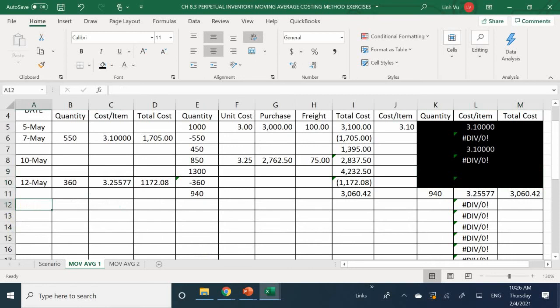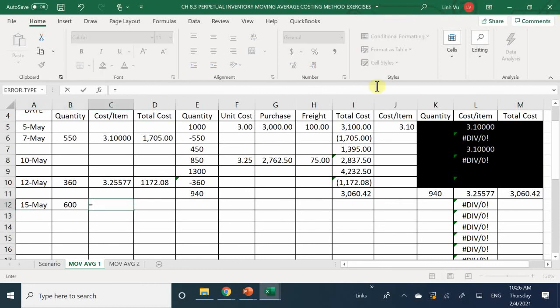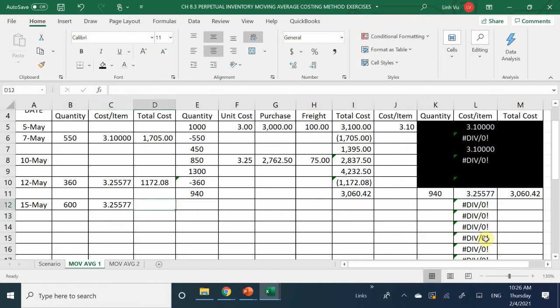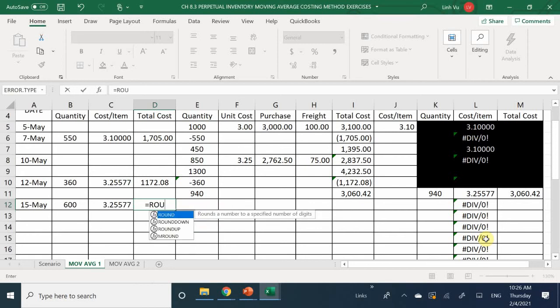So let me see. This was May 15th. We sold an additional 600 units, costing me the 325.67. And of course, I'm going to enter in my equal round formula once again.